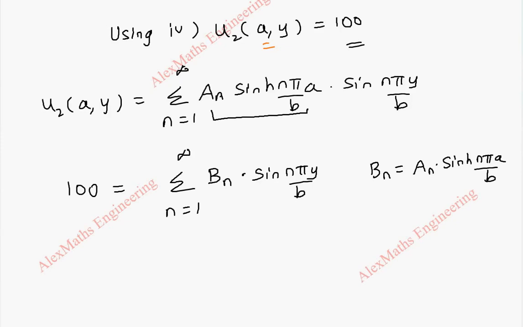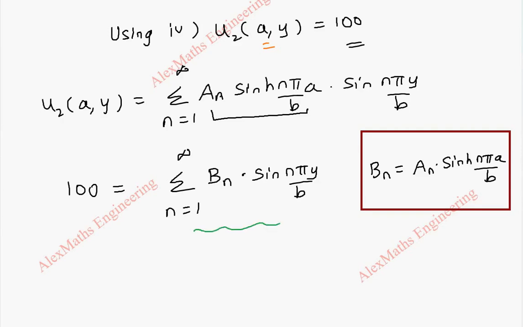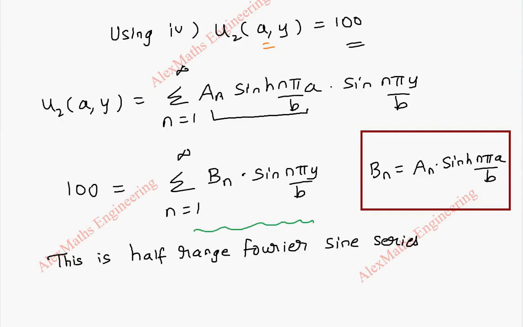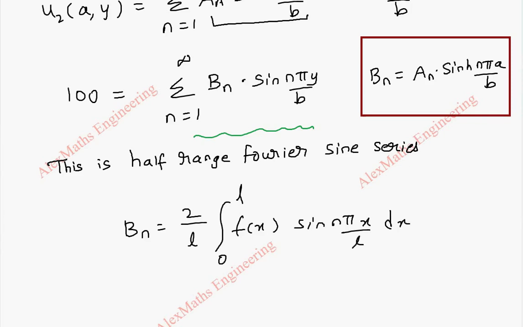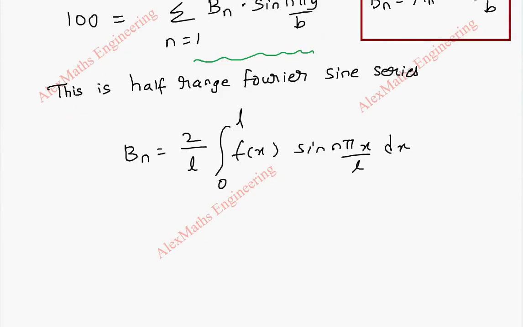This is the substitution we give. After the substitution, we find this is a half range Fourier sine series, and hence we can find the value of bn using the formula 2 by L integral 0 to L f of x into sin n pi x by L dx. But here it is a function of y, so we have to take the length as b: 2 by b integral 0 to b, and f of y, which is 100 here, into sin n pi y by b dy.